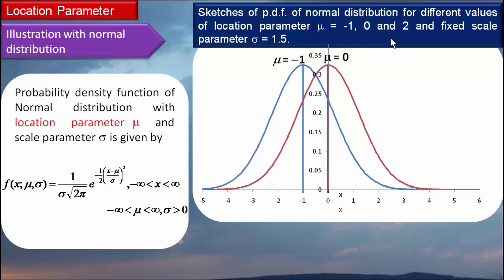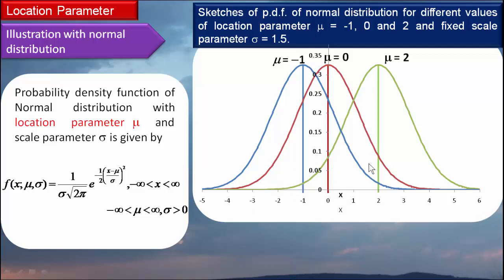Similarly, if we take the value mu equal to 2, then you can see that this is the graph of the normal distribution for mu equal to 2. This is symmetric about x equal to 2. This is actually the effect of the location parameter.